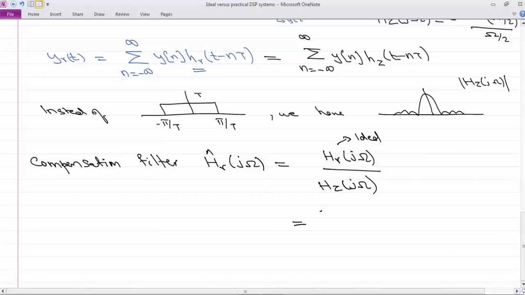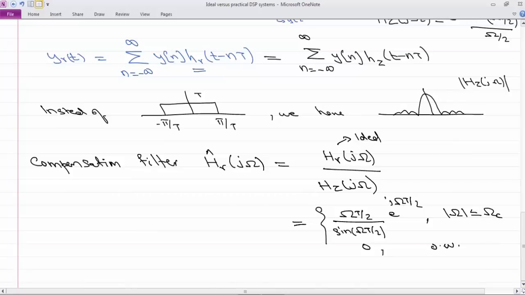And its expression ends up being omega T by 2 over sine of omega T by 2 times e to the j omega T by 2, for omega less than or equal to omega c, and 0 otherwise.